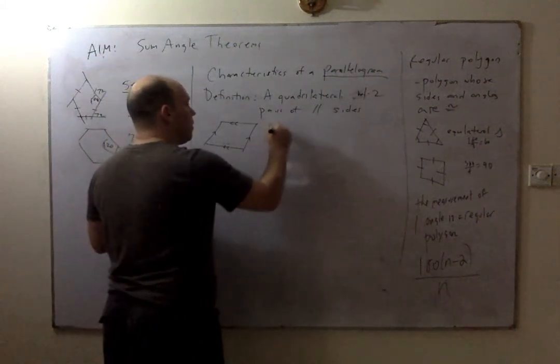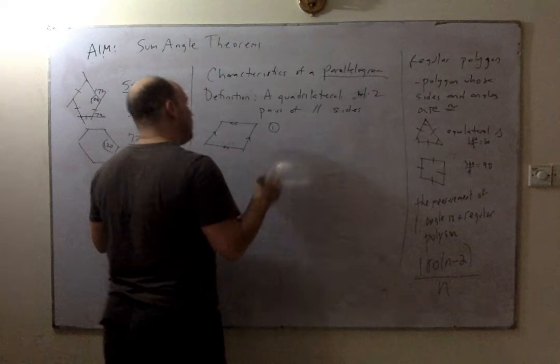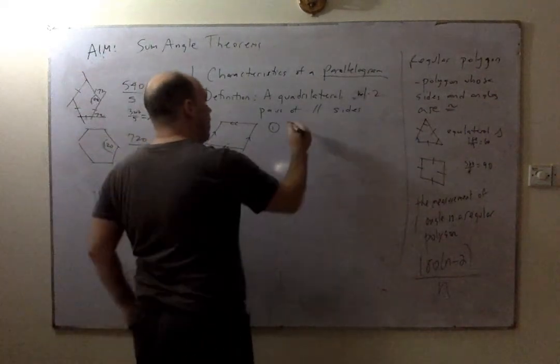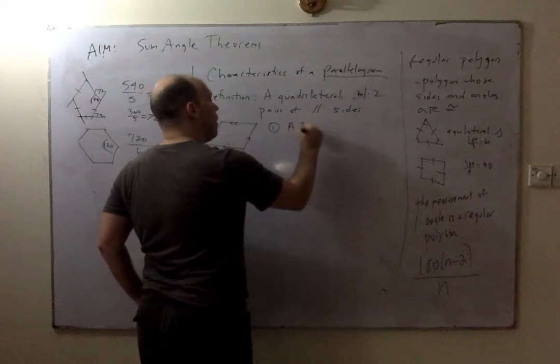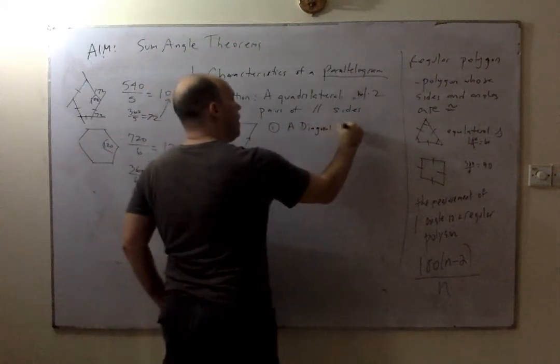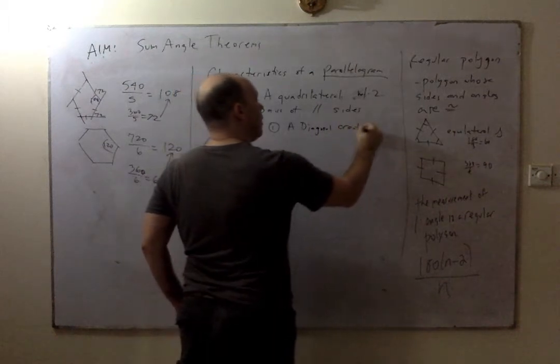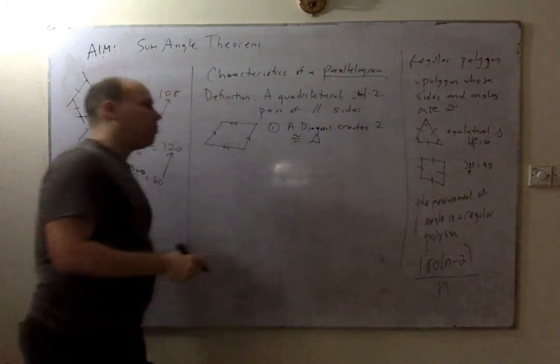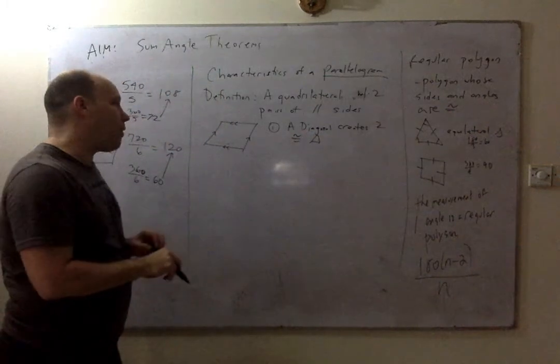First, what do we have? We have a diagonal that creates 2 congruent triangles. What's the proof of that?